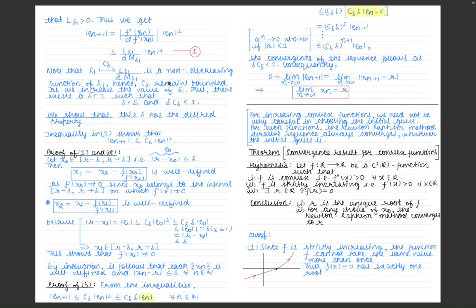So if you assume a strictly increasing convex function which has a root, then the conclusion is, number one, r is the unique root of f.